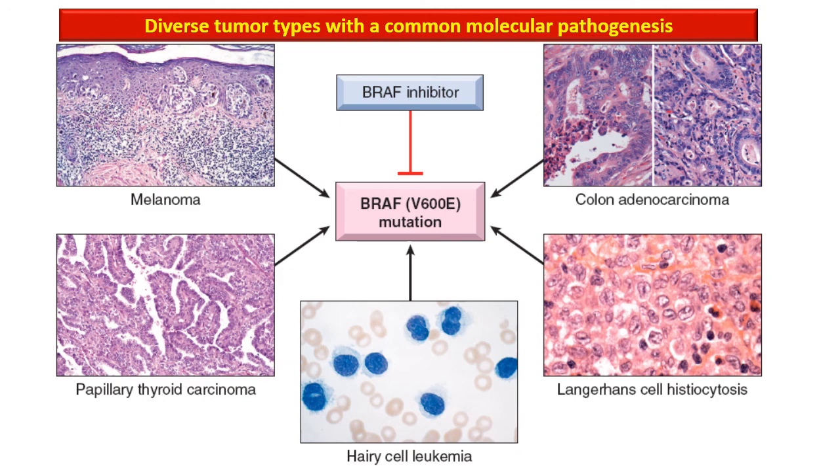Hairy cell leukemia, which contains the same BRAF gain of function mutation, has a sustained response, while melanoma with the similar mutation has a transient response. Colonic carcinomas containing a similar mutation respond very little to BRAF inhibitors.